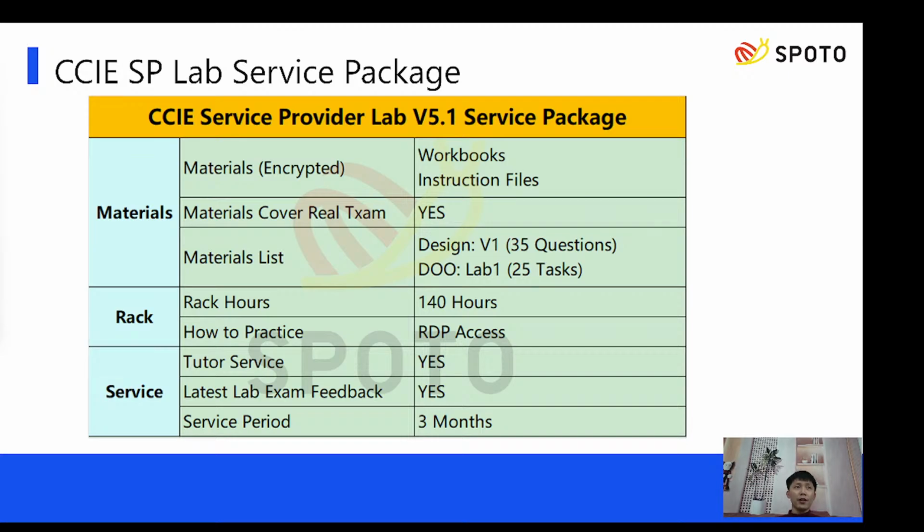About the materials, there will be encrypted PDFs, the workbooks, and there also will be some instruction fields to guide you how to proceed. And of course the materials all cover the real exam contents.